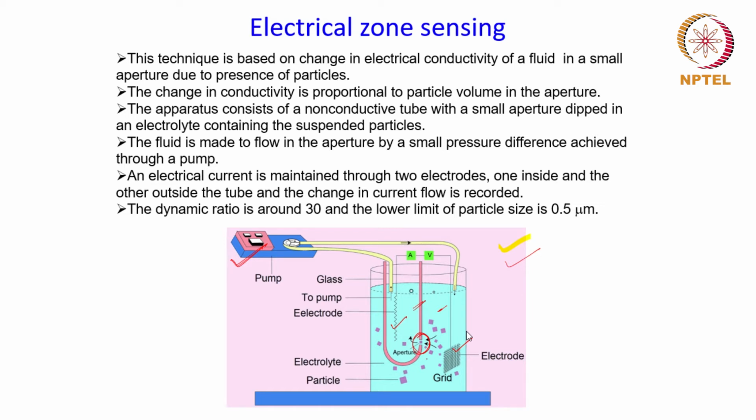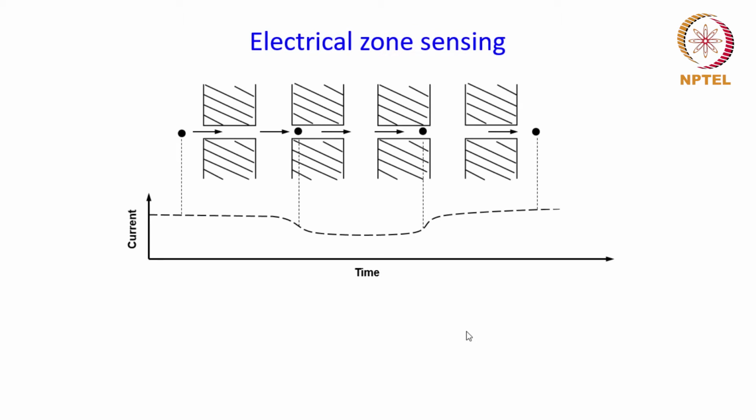So coming back to this, the change in the electrical conductivity and the way it varies depending on whether the particle is inside or outside the aperture can be seen from this particular diagram.